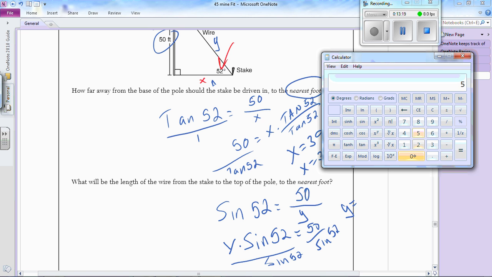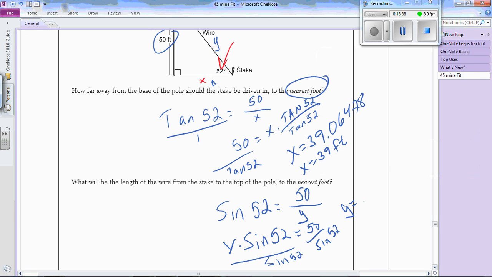So 50 divided by sine 52. All right, I guess it's right. So y equals 63.45. So y equals 63.